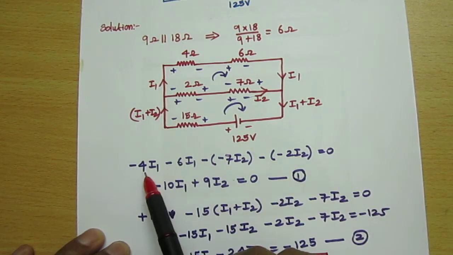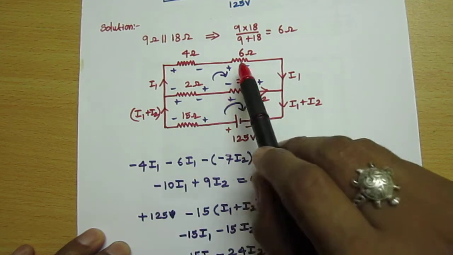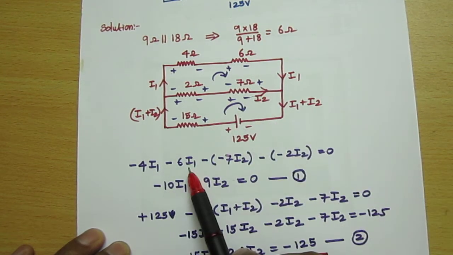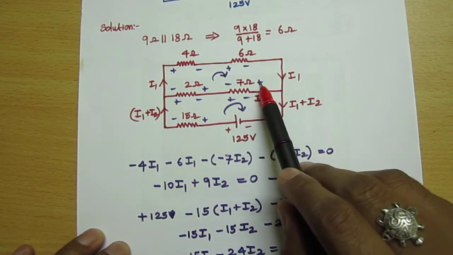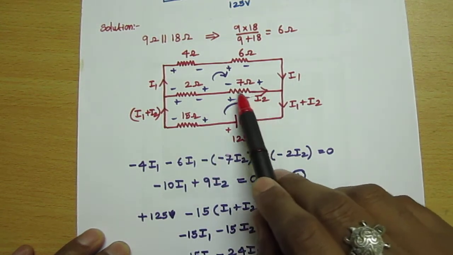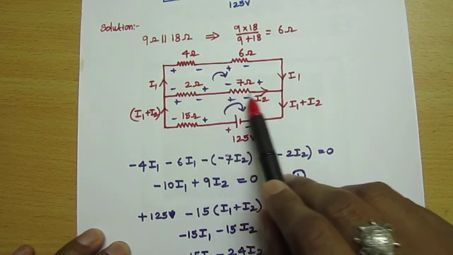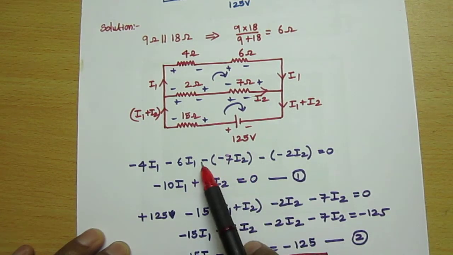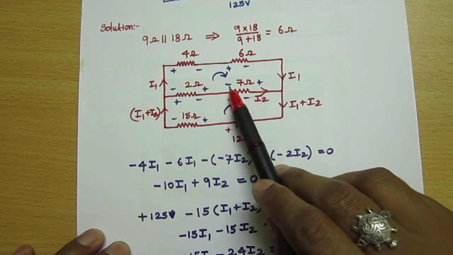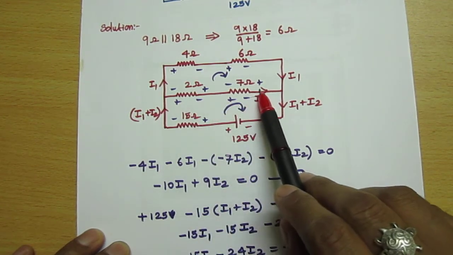V is equal to I into R. I is I1 and R is 4 ohm, so minus 4 I1. Coming to this resistor, higher value to lower value, so minus 6 I1. Then this branch is in the opposite direction, so I put one more minus: minus 7 I2.